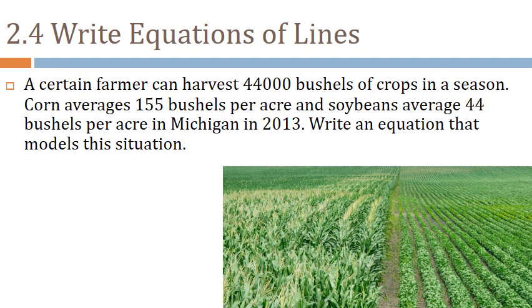Now for a word problem. A certain farmer can harvest 44,000 bushels of crops in a season. Corn averages 155 bushels per acre and soybeans 44 bushels per acre in Michigan in 2013. Write an equation that models this situation. Both the corn and the soybeans, notice it's bushels per acre.